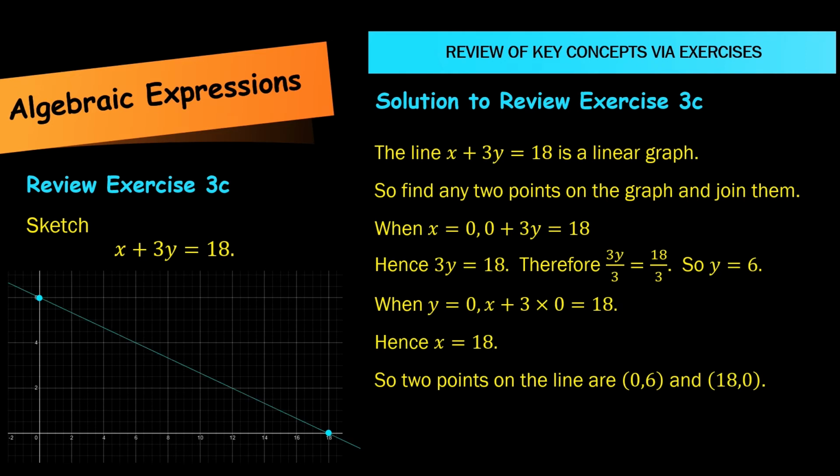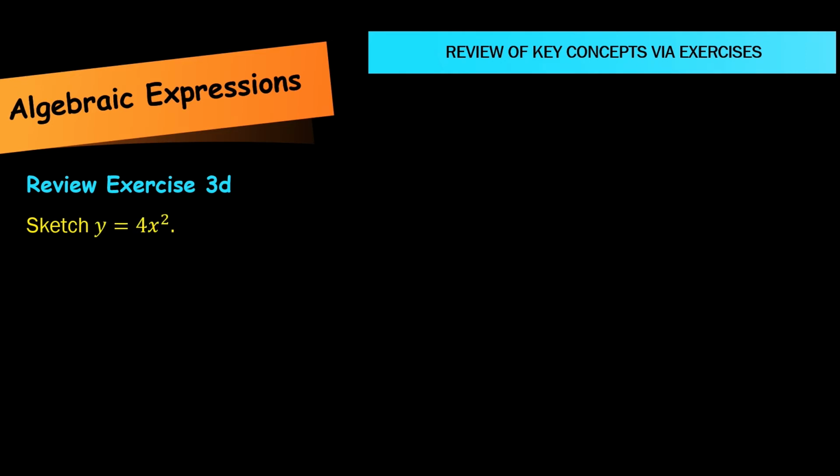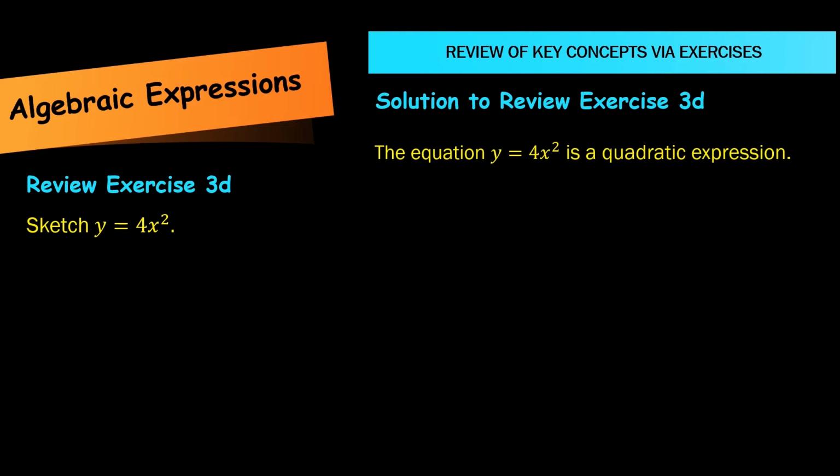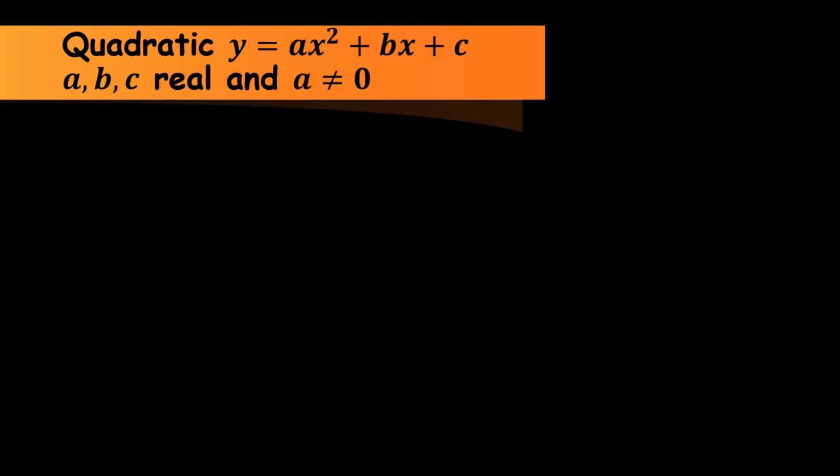Now for exercise 3d, sketch the graph of y equals 4x squared. This is a quadratic expression. But before we tackle this, let's look at some background. Consider a quadratic of the form y equals ax squared plus bx plus c, where a, b and c are real and a does not equal 0.